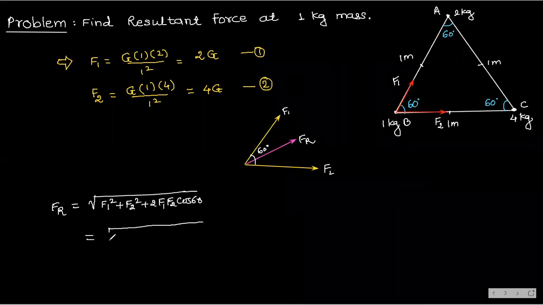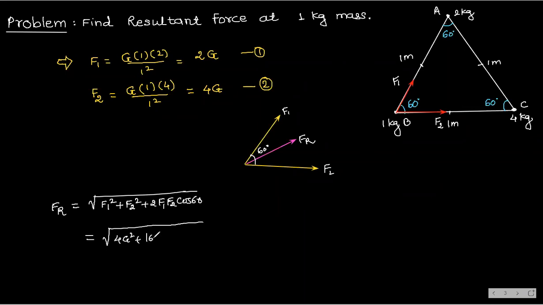Under root of F1 square means 4g square. Directly I am substituting, plus this is 16g square, right? Plus 2 into 8g square into 1 by 2. So how much is that? This 2 and this 2 cancel. 20g square plus 8g square. 20 plus 8 is 28. 28g square under root.